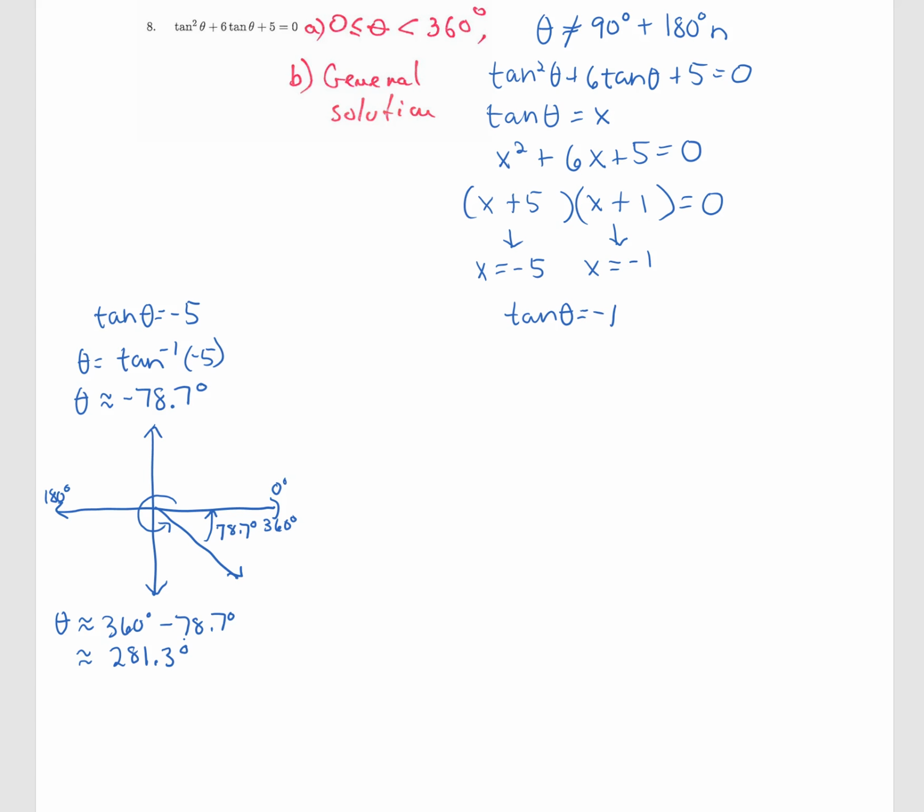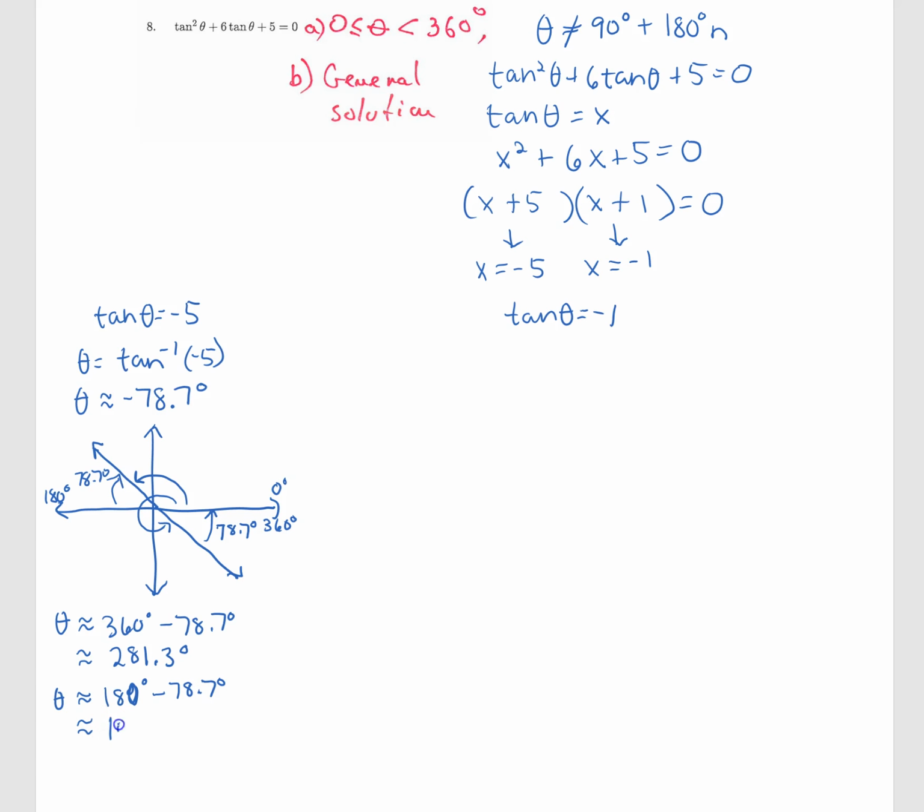But remember that tan is also negative up in this quadrant, so we have another solution up here that's symmetrical to this, with an angle here of 78.7 degrees. To figure out this angle, what we do is say that theta is equal to 180 degrees, this line, minus 78.7 degrees.